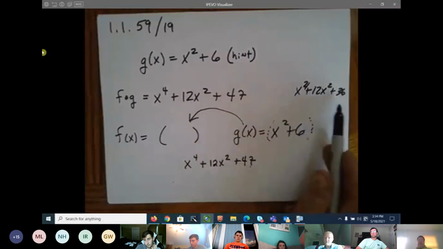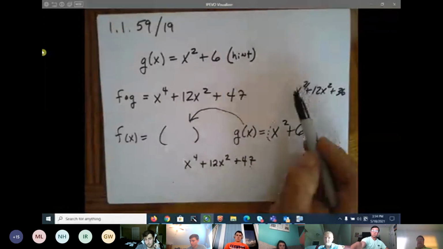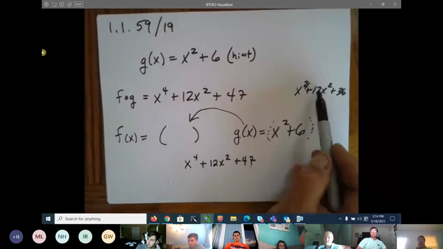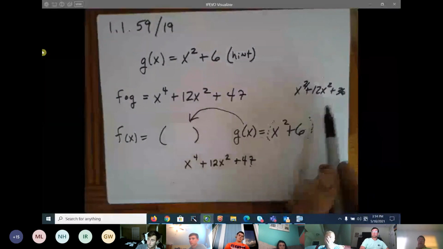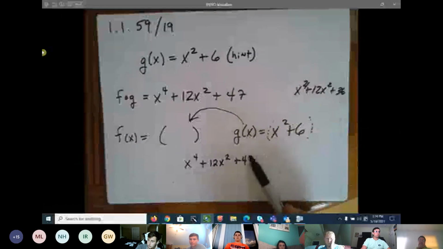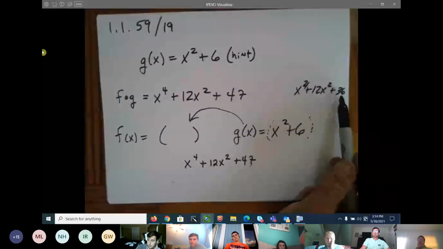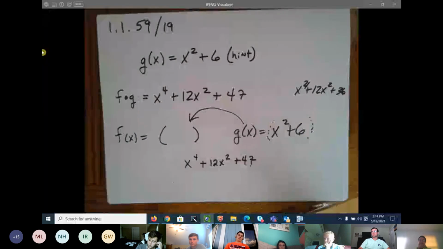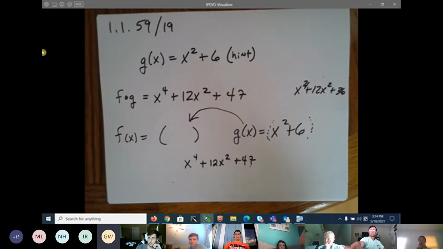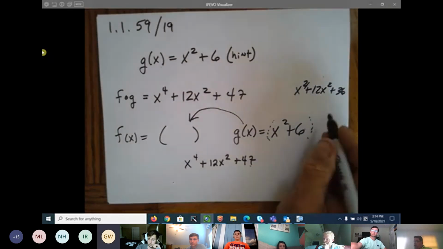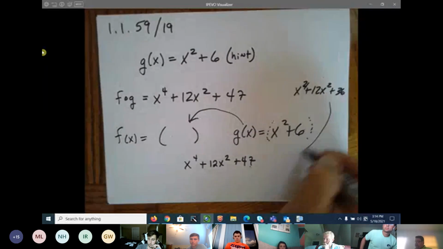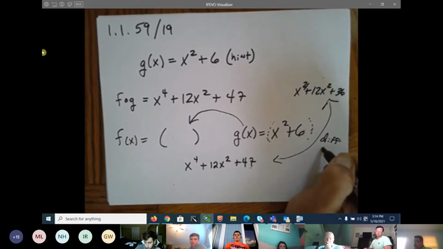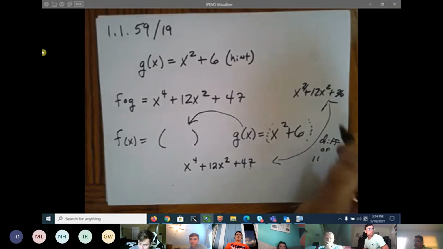Not far off, am I? X to the 4th, 12x squared, 36 and 47. What's the difference between 36 and 47? 11. So there's got to be a difference of 11 between these two.